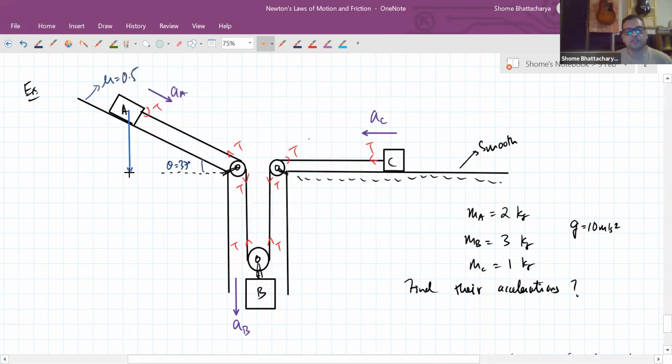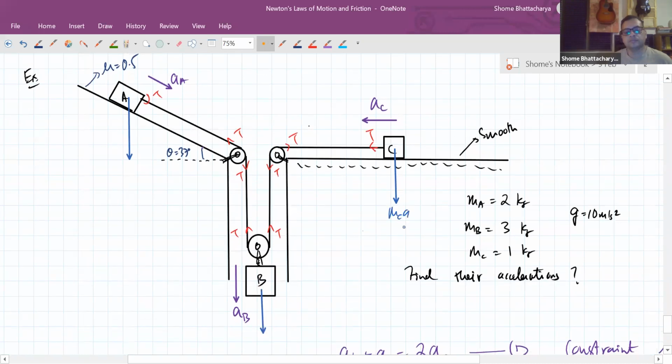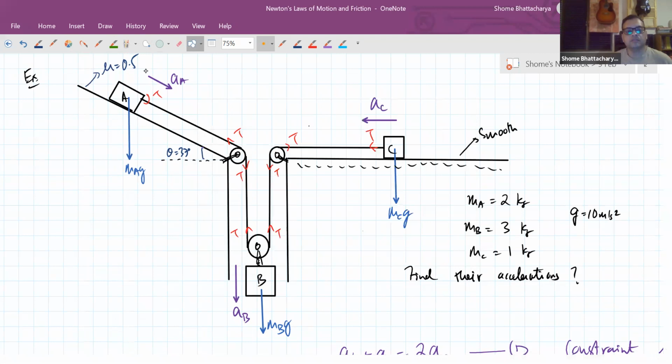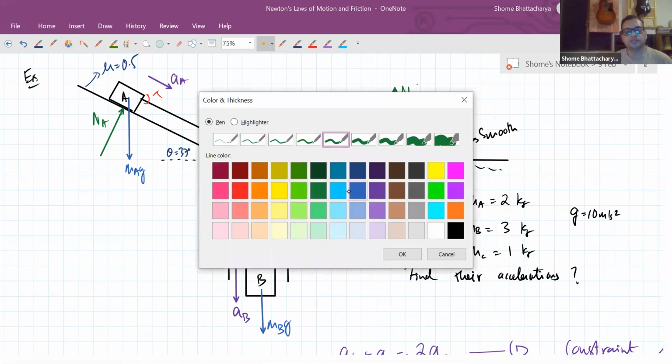So you have weight of A, similarly C and B. And then we have a couple of normal reactions, one acting on A, which will be normal to the inclined surface, one acting on C, which will be vertically upwards, and finally there will also be a kinetic friction acting on A, because that is a rough surface, as we have seen.